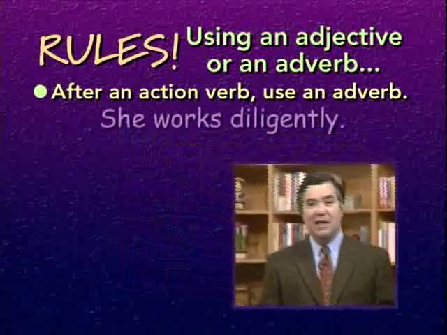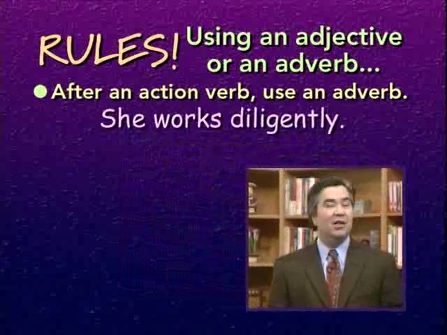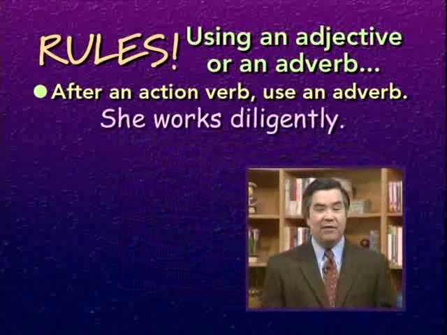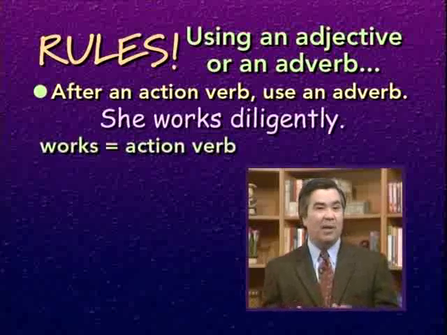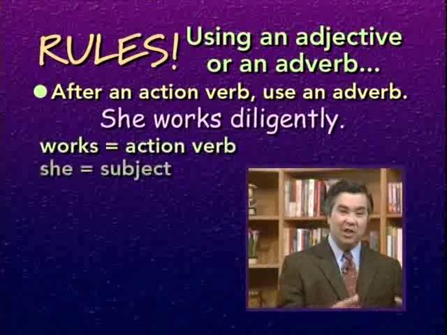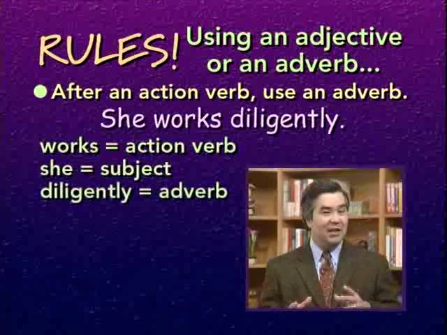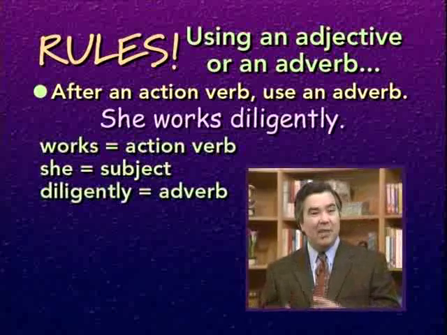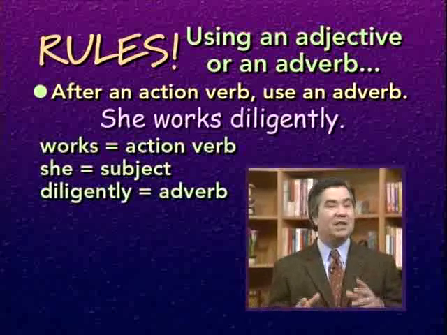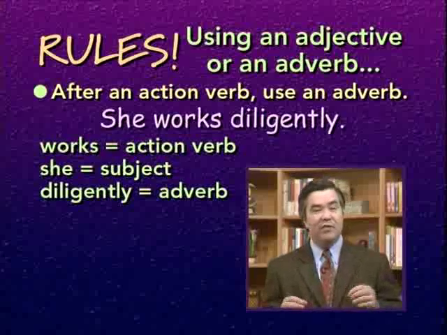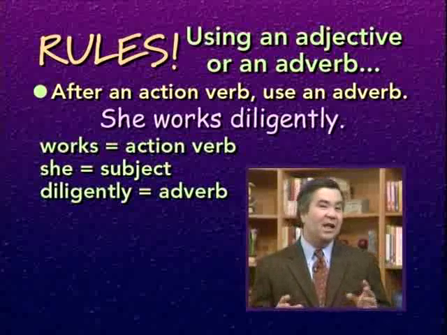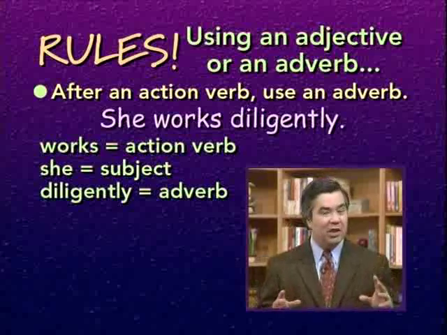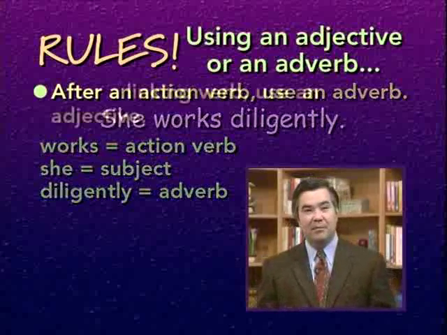We've already seen an example of this. She works diligently. Here we have the action verb works describing something that the subject, she, does. And diligently is an adverb which modifies the action verb works. It tells us how she works, gives more information about the verb, and therefore the adverb diligently is perfectly correct.